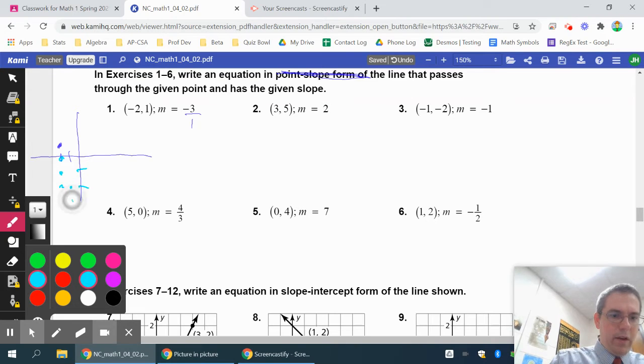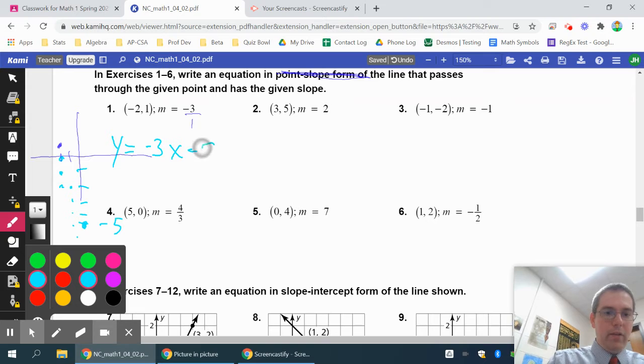And then I'm going to need to go down 1, 2, 3, and over 1 again, which will give me this value. So if you count carefully, I went down a total of 1, 2, 3, 4, 5, 6, which puts me down here at -5 for my y-intercept. So my answer should be y equals -3x minus 5.